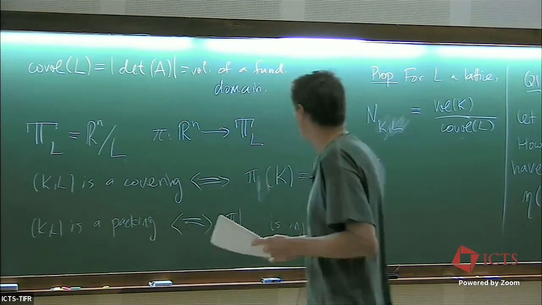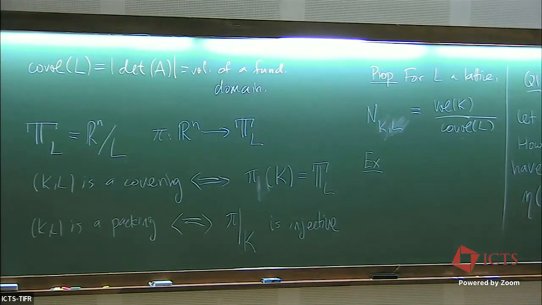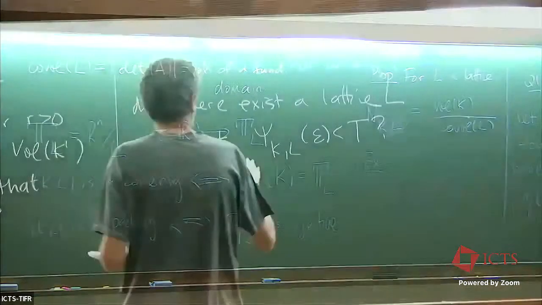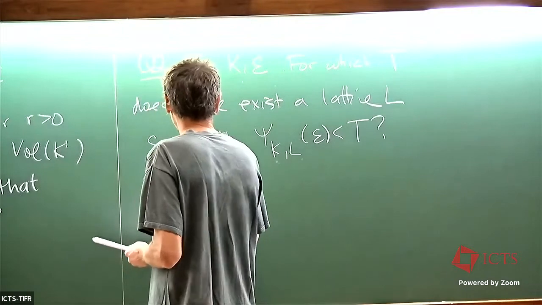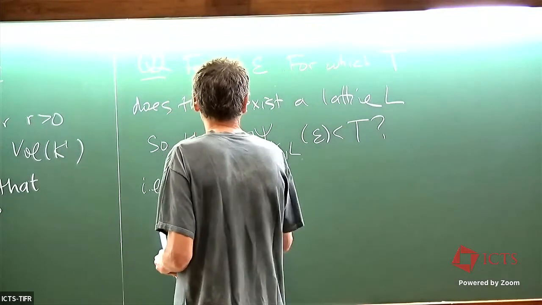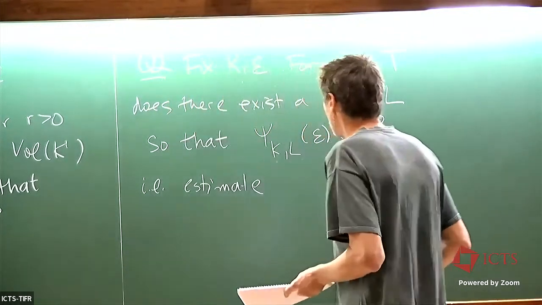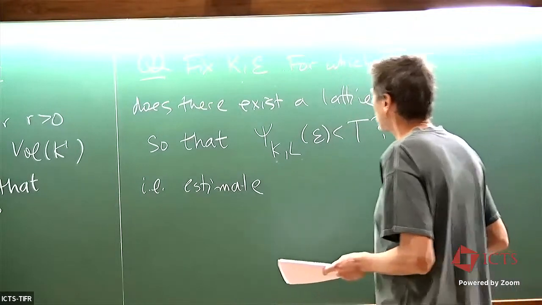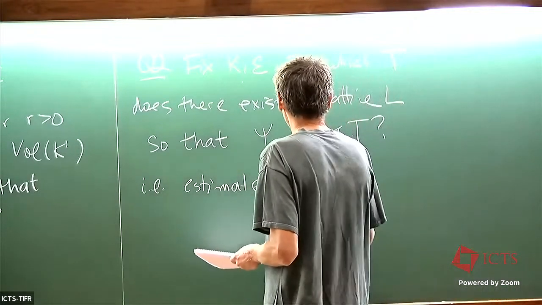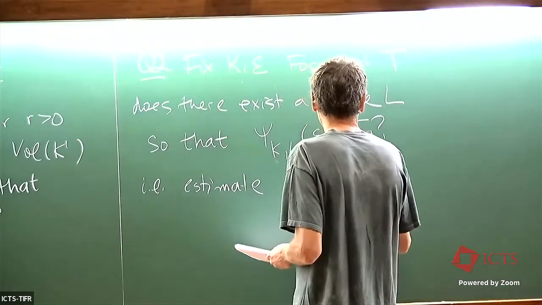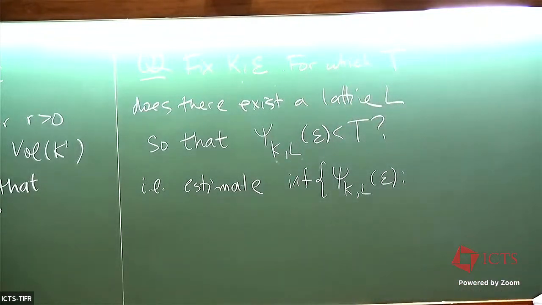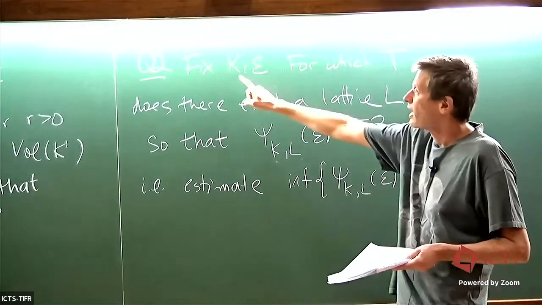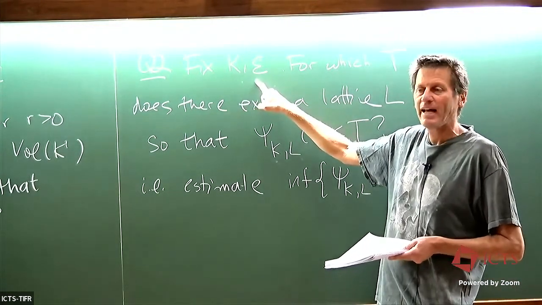All right, so the third question. So what this is saying, i.e., we want to estimate. Here's another way of formulating this question. We'd like to estimate the infimum of this function psi_K,L(epsilon), where K and epsilon are fixed and L varies.